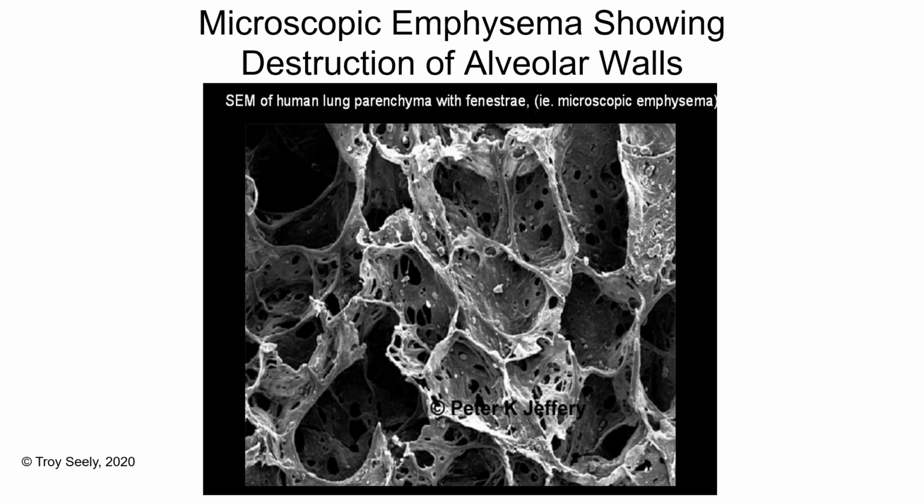And here we're looking at the destruction of alveolar walls affiliated with emphysema. Notice how the number of connections and air pockets are altered. The air pockets are much larger, and as a result, that will break down the surrounding circulatory connections and alveolar capillaries that should be there.